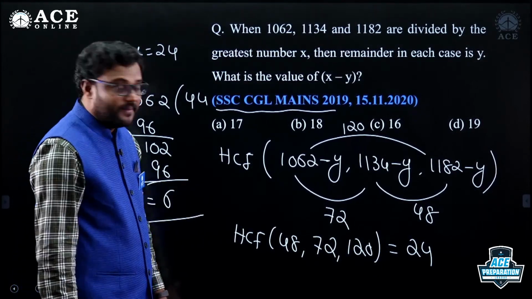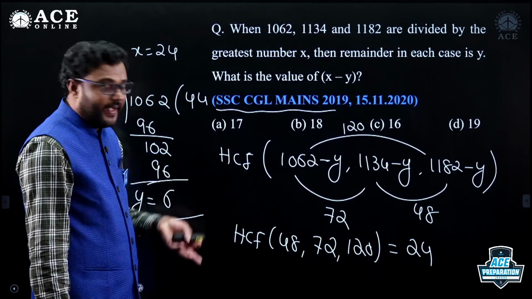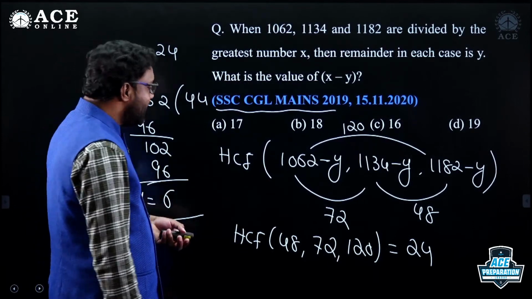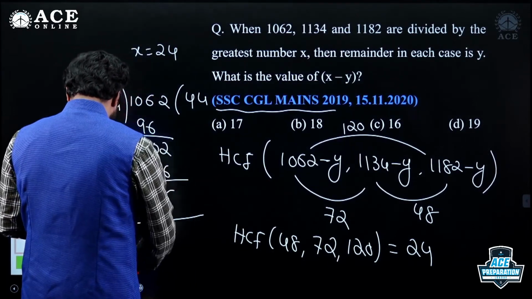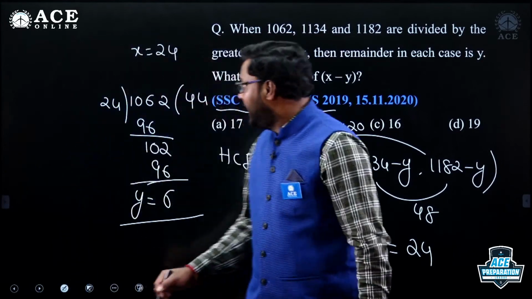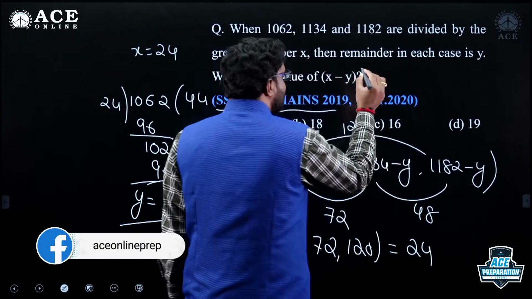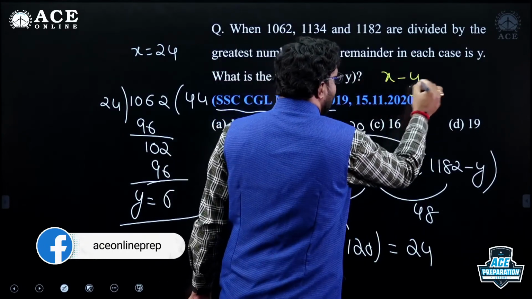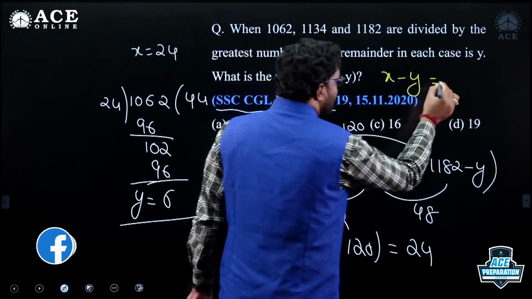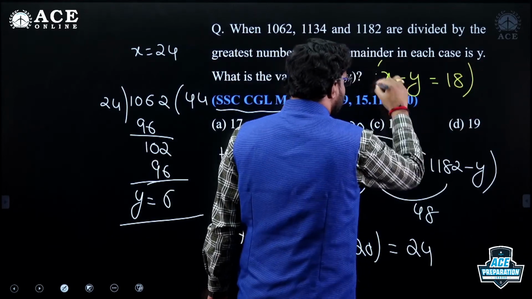The remainder in each case is y, and y is nothing but 6. They're asking x minus y. X is 24, y is 6. It's nothing but 24 minus 6, 18, my dear friends.